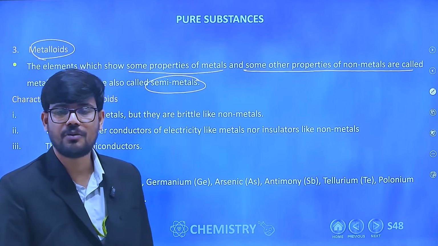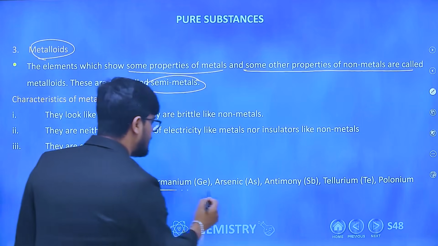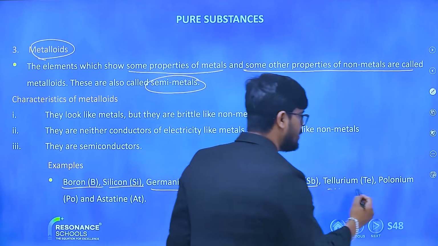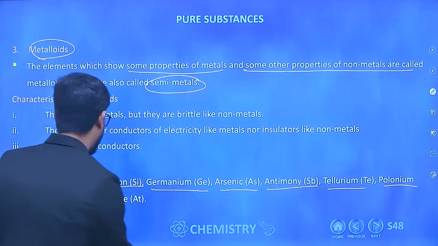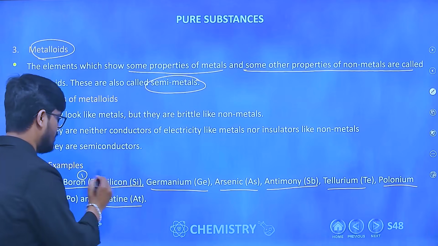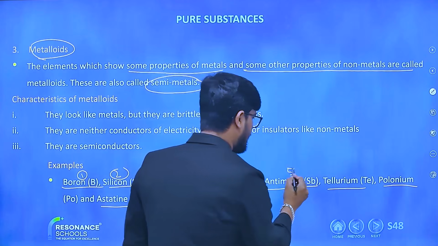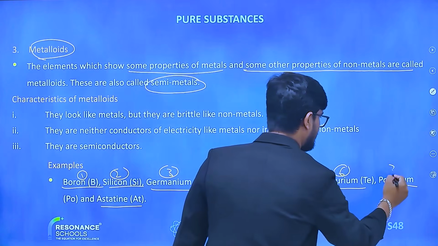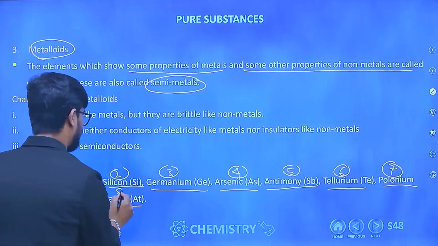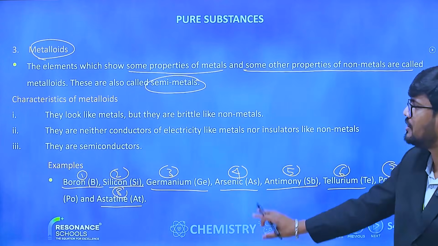No, graphite is not a metalloid. So here we have examples. Only these: boron, silicon, germanium, arsenic, antimony, tellurium, polonium, and astatine. Only these. How many? 1, 2, 3, 4, 5, 6, 7, and 8. Total 8 elements we have. These are called metalloids.